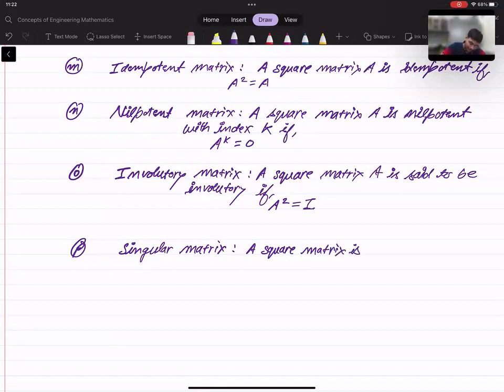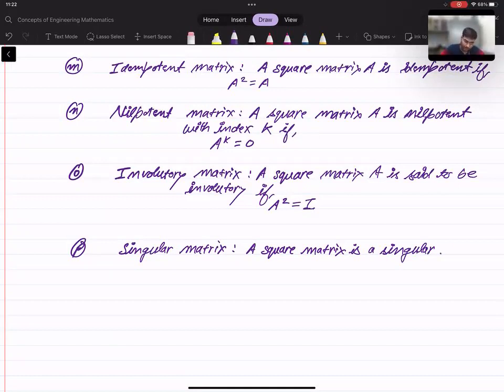This concept will be used in finding the inverse.